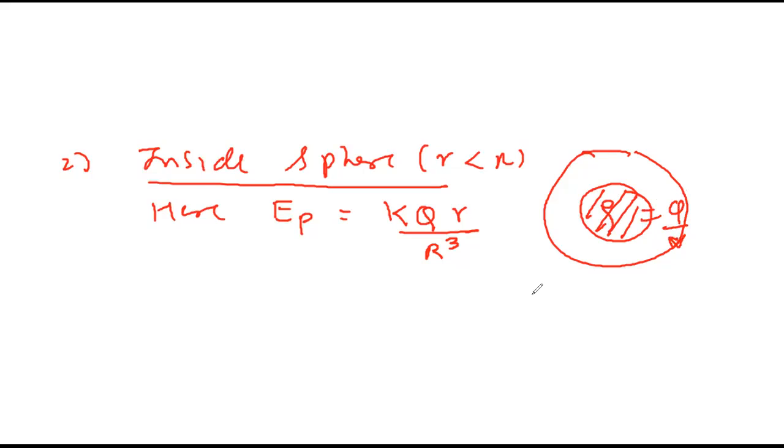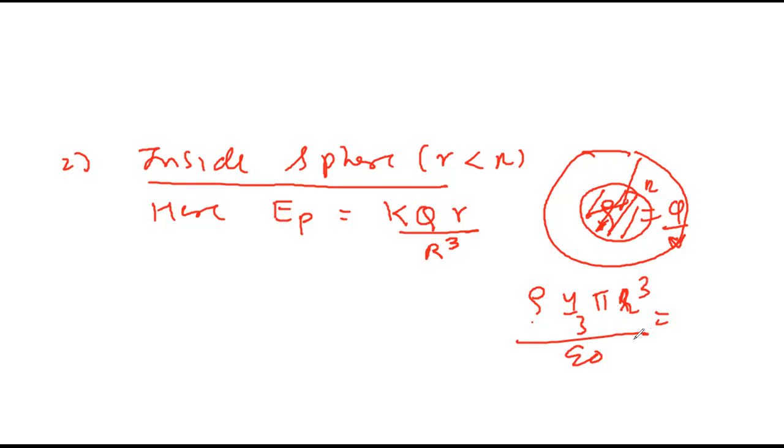So charge enclosed will be rho into 4 by 3 pi r cube, correct? Yes. Intensity at any point inside I am finding by Gauss's theorem. This is radius R, this is radius small r. So charge inside will be rho into 4 by 3 pi r cube, बराबर, अपॉन एप्सिलॉन नॉट.